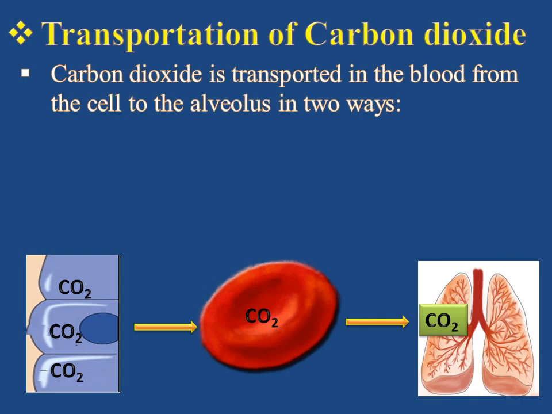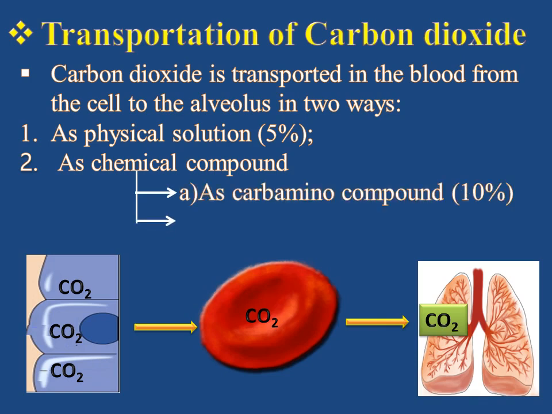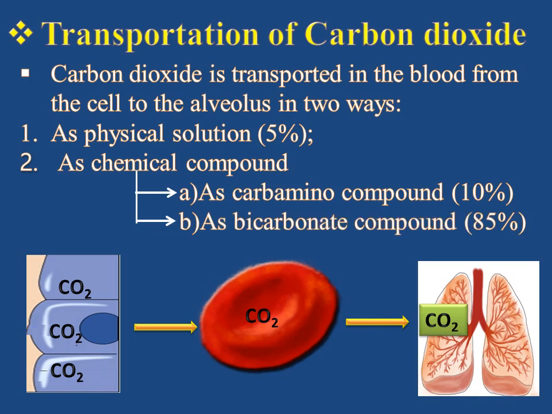Carbon dioxide is transported in the blood from the cell to the alveolus in two different ways. One is as physical solution and another is as chemical compound, where as chemical compound it is transported as carbaminic compound and as bicarbonate compound.